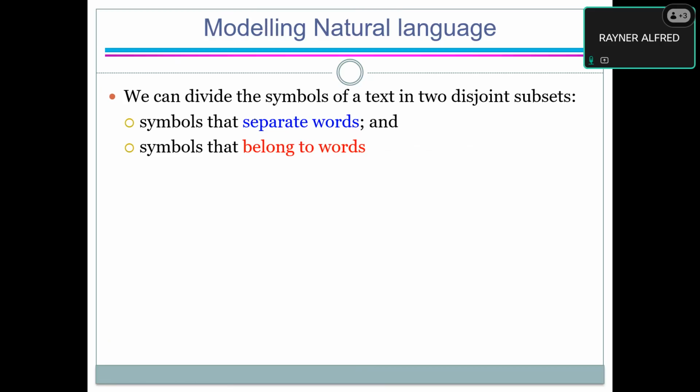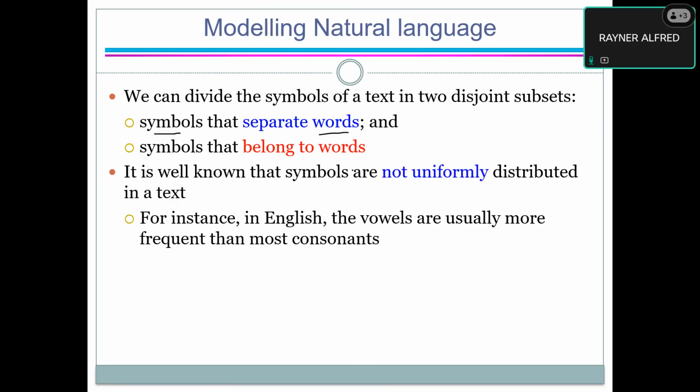So they use a symbol, blank space, that separates the words, and then we also use symbols that can belong to a word.